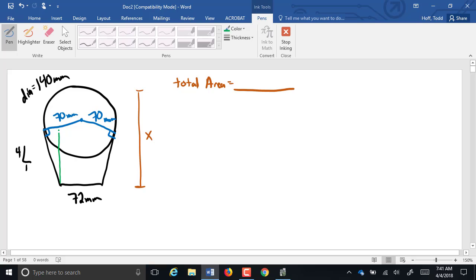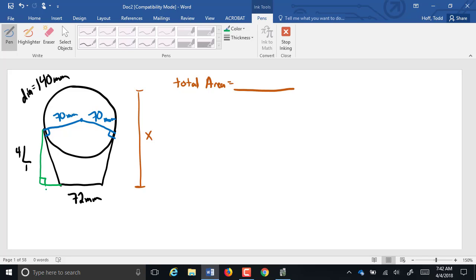Like this? Oh, outside? Gotcha. Out here? That might work. What do we know about that triangle? It's a right angle, yeah, because there's a vertical and a horizontal. A 4-to-1 slope.